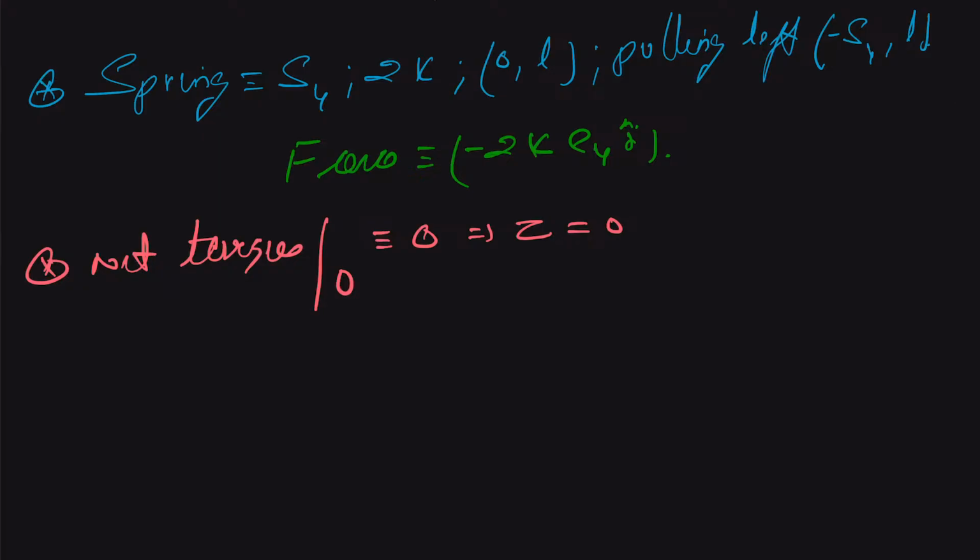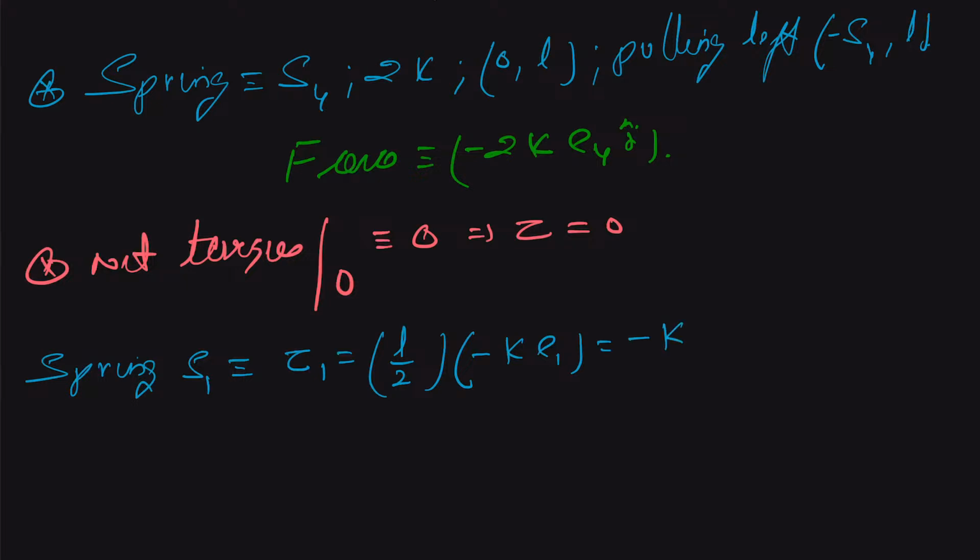So we have our spring S1, and spring S1 force we already know, and so torque, let us call this our tau 1, will be equal to, distance is our L by 2 and force is our minus K E1, and it will be equal to minus K E1 and L by 2.